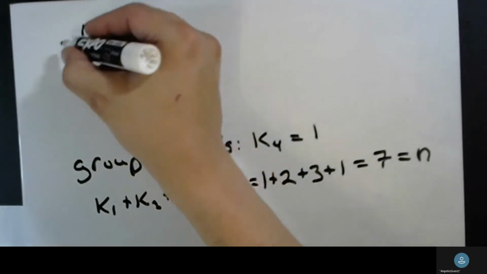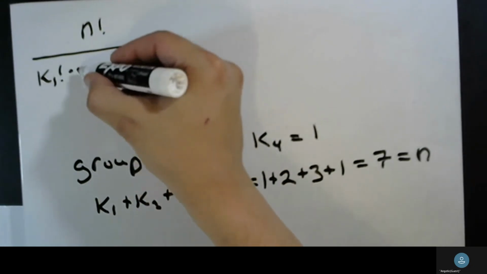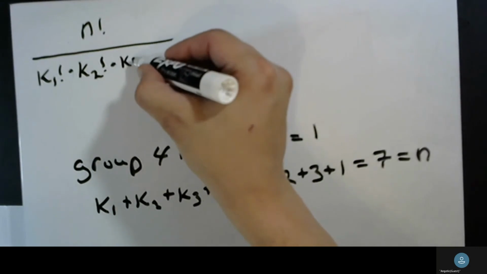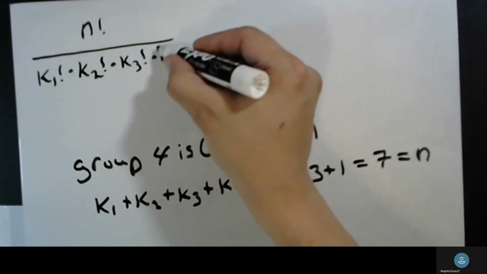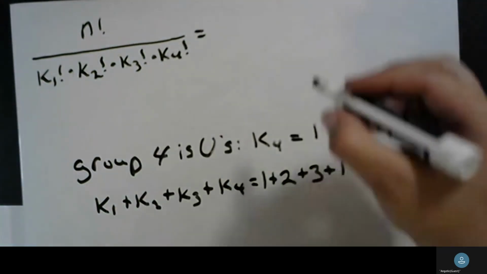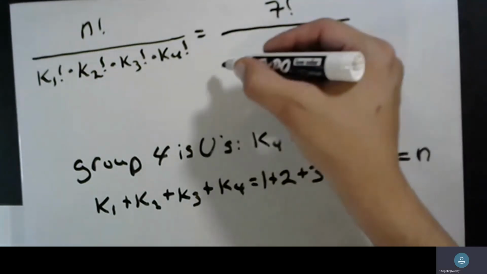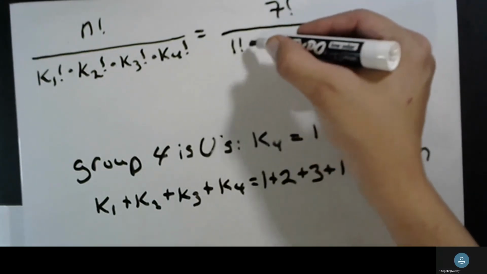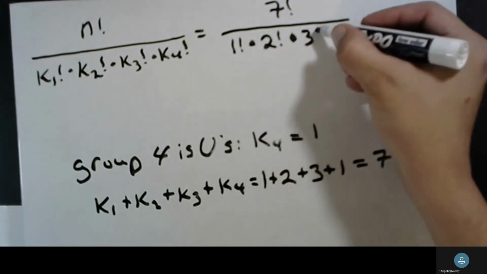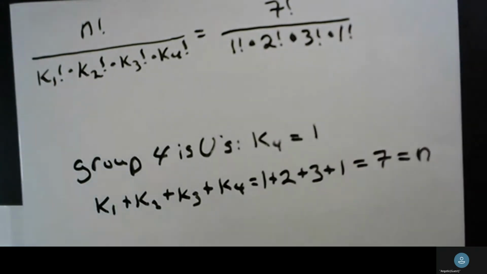We take N factorial over K1 factorial, K2 factorial, K3 factorial, K4 factorial. So you have 7 factorial over 1 factorial, 2 factorial, 3 factorial, and then 1 factorial.